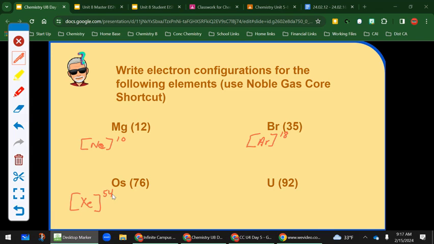So for magnesium, you're describing this part here. For argon, you're going all the way; for bromine, you're going all the way across over to here. For osmium, you're going all the way from here to here. And when you're done, you still should be able to add up all of your powers and get the correct number of electrons. Go to work, ladies and gentlemen. If you have questions, raise your hand. I'll be happy to come over and help.